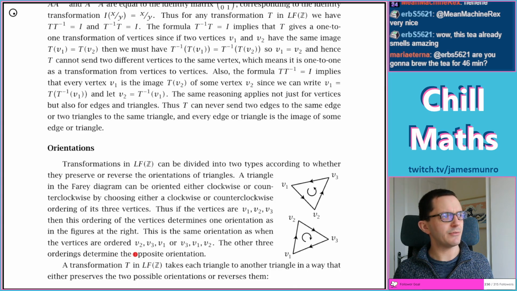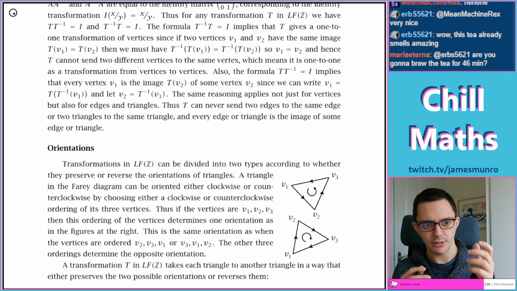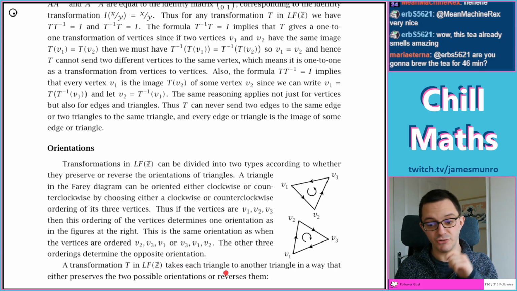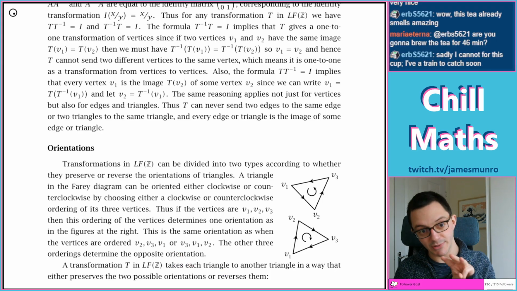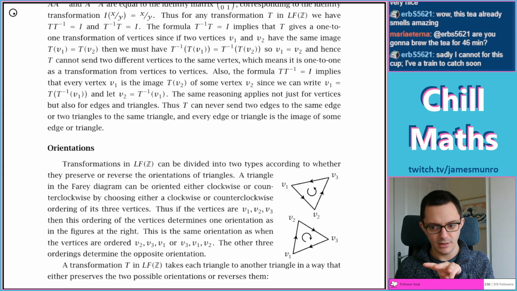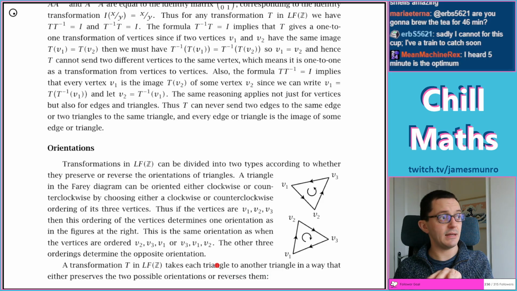So we're talking about transformations of the rationals, but I'm reading that as a proxy for transformations on the real line using an integer coefficient Mobius map. So when I read something like this about taking triangles, I'm thinking about taking triples of rationals, because that's what a triangle is for them, really. It's rationals around the perimeter of the circle. So I should read triangle as triple of rationals, and then orientation is going to be some fact about which way around they are.